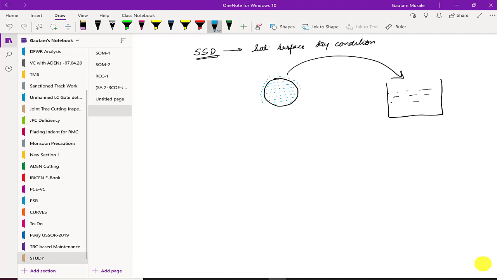Now what I will do is take a dry cloth and remove all these water particles which are present on the surface of this stone particle. This results in only the aggregate with water inside it, and this water is in the fully saturated condition.